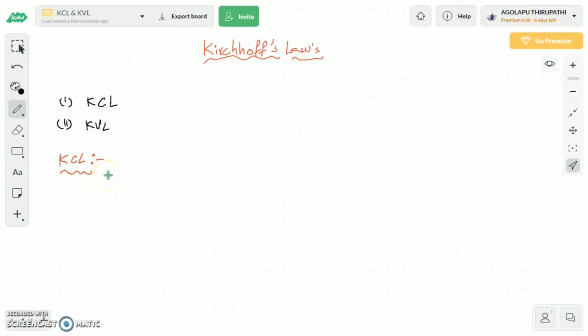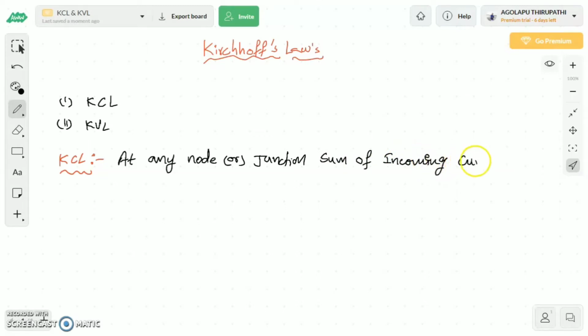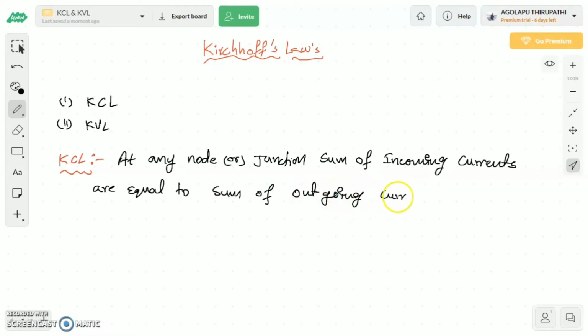I am writing here: at any node or junction, sum of incoming currents are equal to sum of outgoing currents. So this is the statement of Kirchhoff current law.